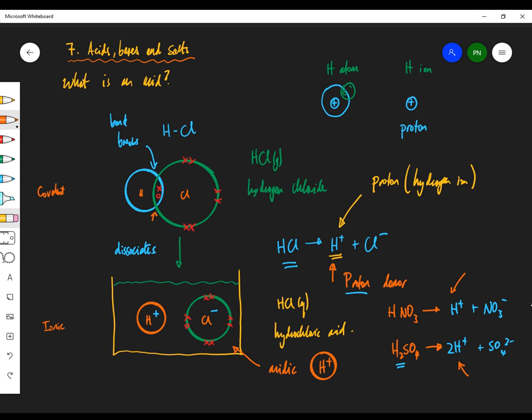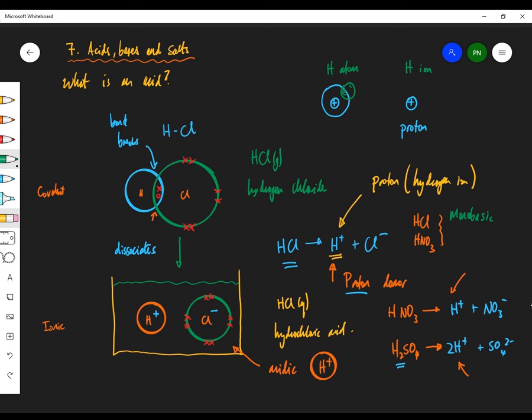This one gives one proton, and this one gives two protons. Things that give one proton, like HCl and nitric acid, the old-fashioned term for these was monobasic. Sorry about that. We used to call these monobasic because they gave one proton.